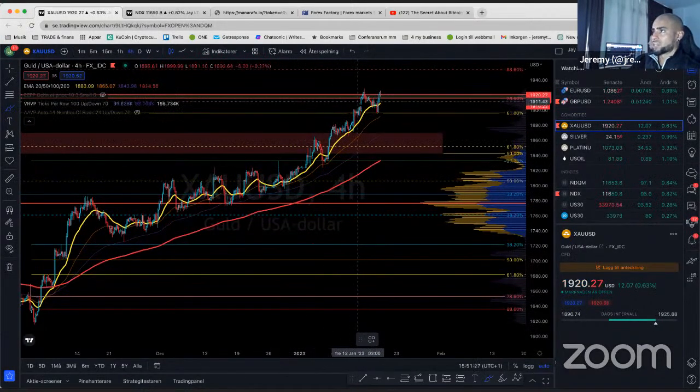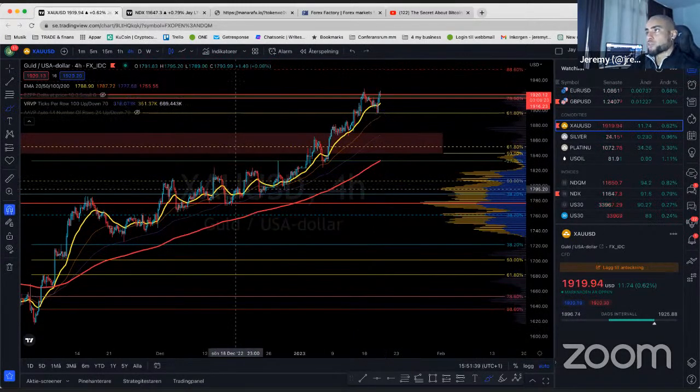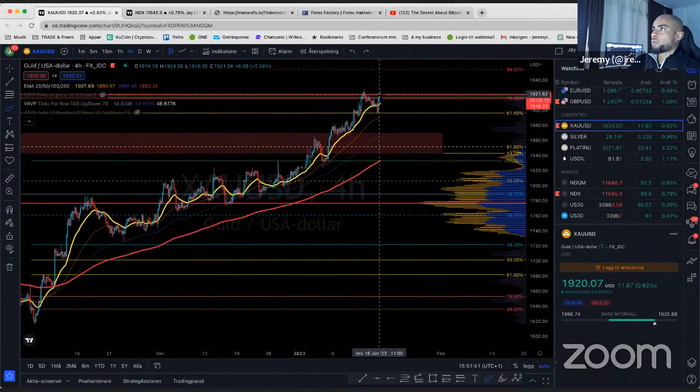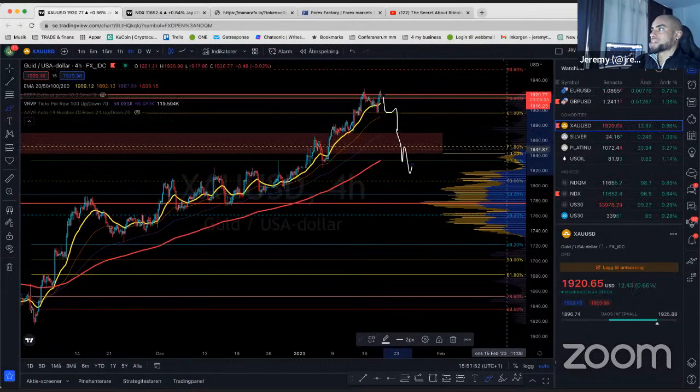Okay, so what I think will happen is this was the first test of the 61.8 retracement as a support level, and from now, what I think will happen is the market will reverse here, and it will actually break through and get all the way down to this sweet spot zone, because this is where we got volume.